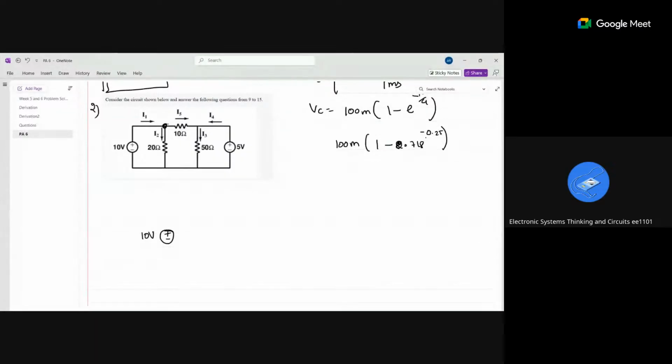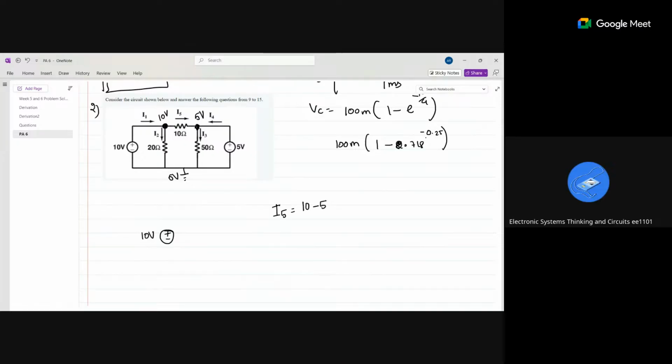So if you see, what is the voltage at this point? It's 10 volts, right? At this point, it's 5 volts. So how to find I5?